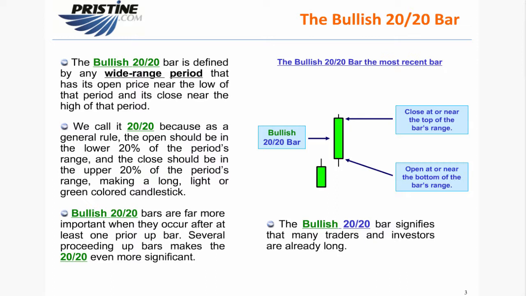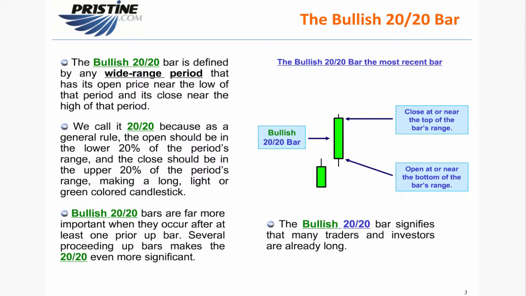In other words, you have very little, if any, topping or bottoming tails. These 2020 candles are going to be far more important when they occur after at least one prior bar up. Several bars would be even more significant. And again, you'll see why as we go on.